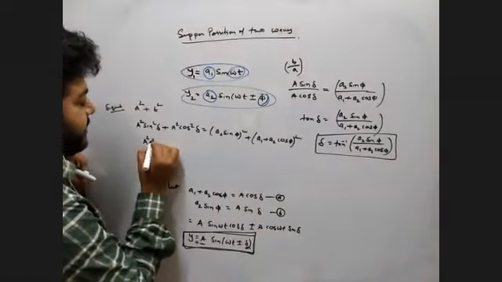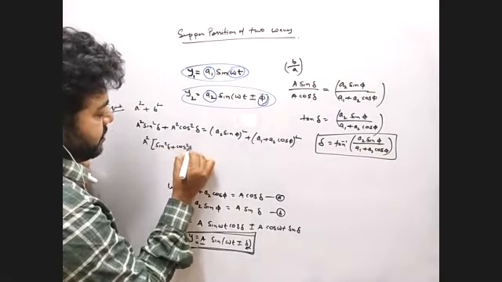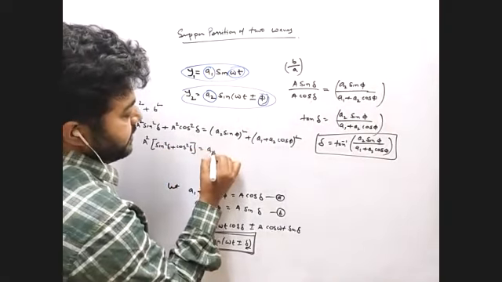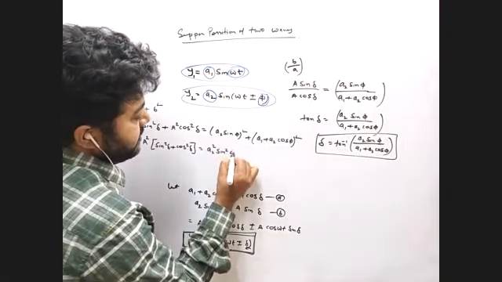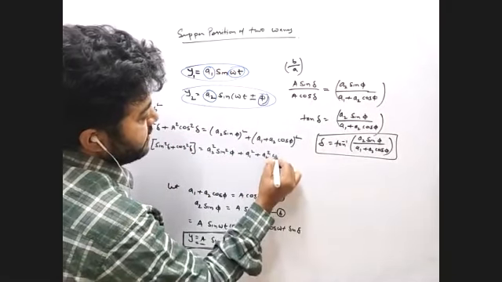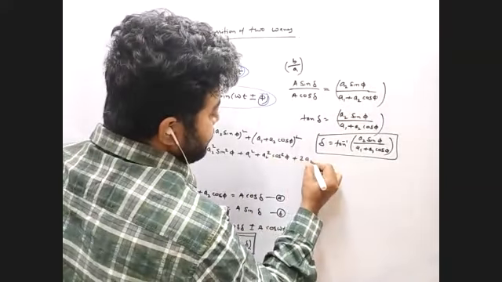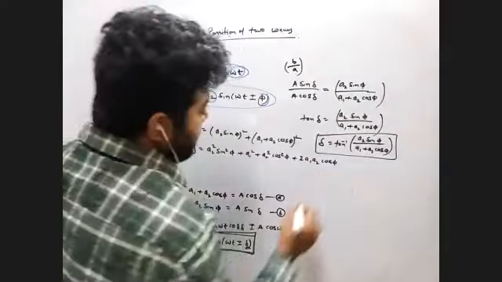So A square into sin square del plus cos square del is A2 square sin square phi plus A1 square plus A2 square cos square phi plus 2A1A2 cos phi.